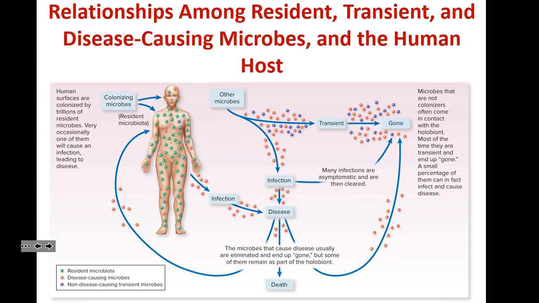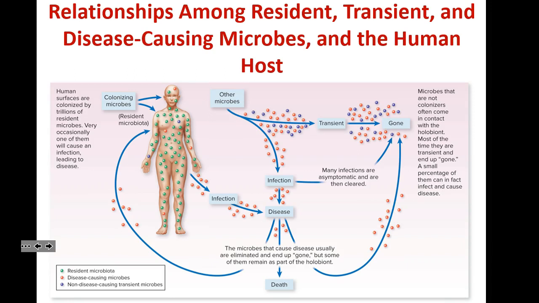Do they live there, or are they just there temporarily until we wash them off or until we do something else that makes them no longer there? Would mold be normal biota for our skin? Would some staphylococci be normal for our skin?